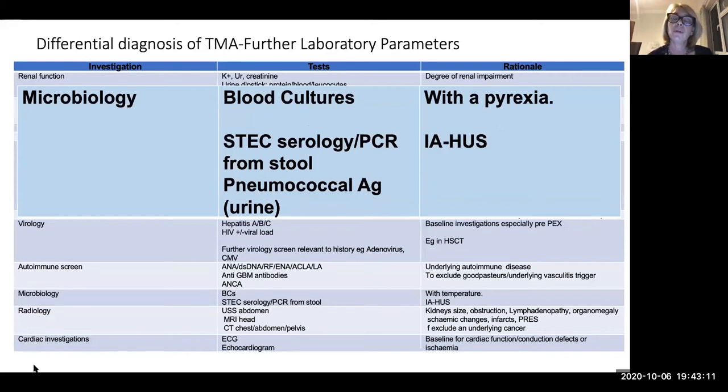We take samples and we culture them in blood cultures if you come in with a temperature, to make sure that we don't identify any bugs which could be aggravating or precipitating the TTP. And if we've excluded TTP and we're looking more at an HUS type situation, we do genetics, and tests for types of E. coli that can cause HUS, and pneumococcal antigen in the urine.